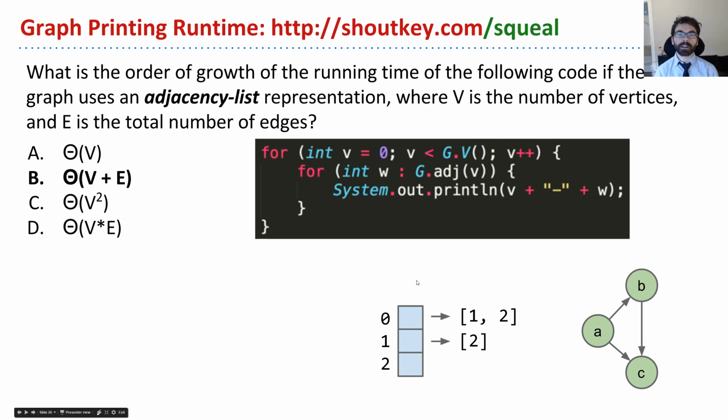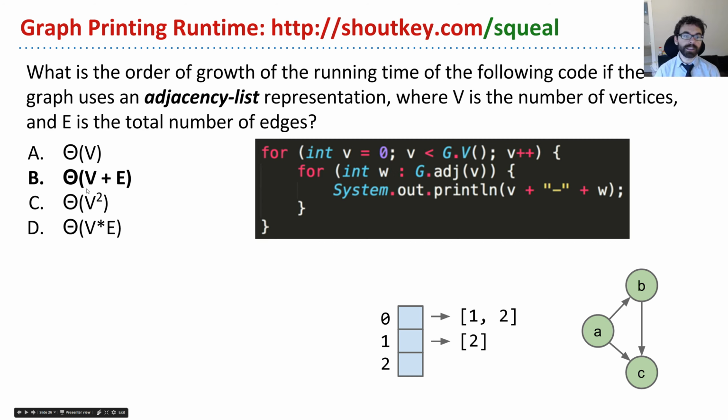Okay. Now, by contrast, imagine I have only a small number of vertices, maybe 1,000, but every single vertex points at every other vertex. Well, in that case, we have about 1,000,000 total edges because every vertex points at every other. So that'd be about 1,000 times 1,000. In that case, the runtime would not be dominated by v, but rather by e. And so this runtime with graphs is very common.